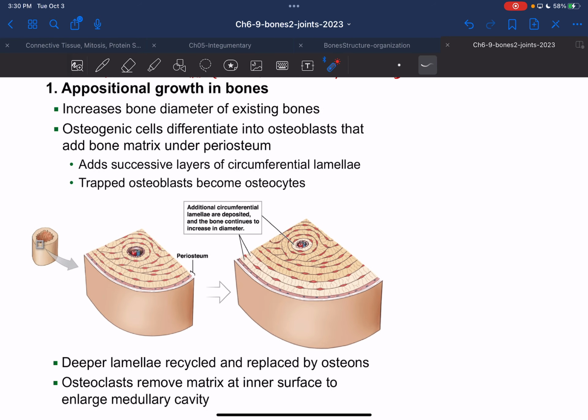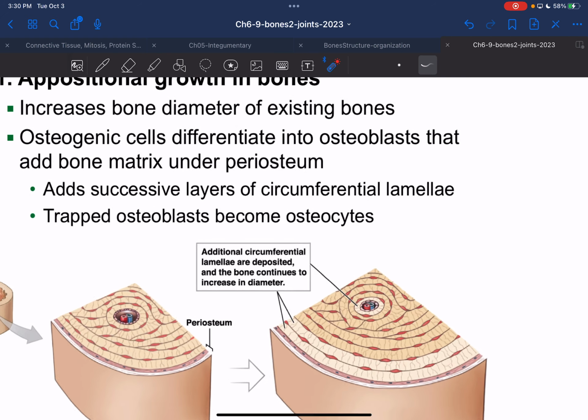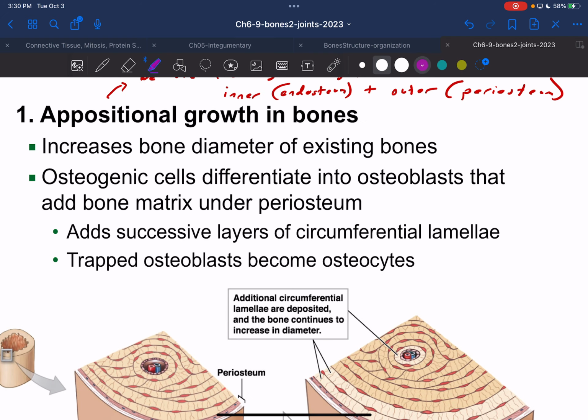All right, so as we move on, there's really nothing more to add other than appositional growth is going to result in increased bone diameter because we're only adding to the inner and the outer layer. We're adding circumferential lamellae. And we know the basics.